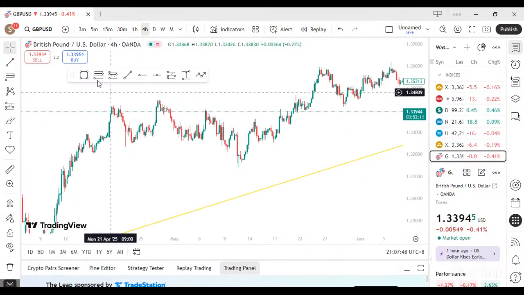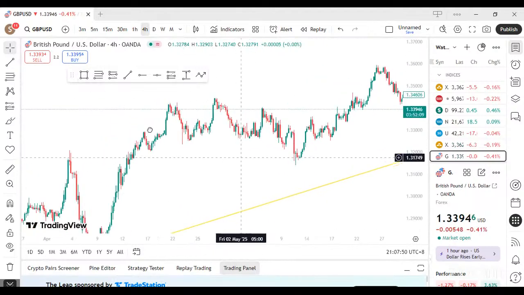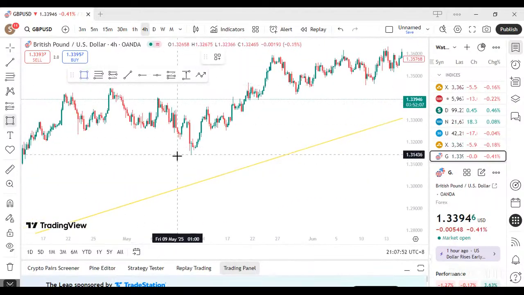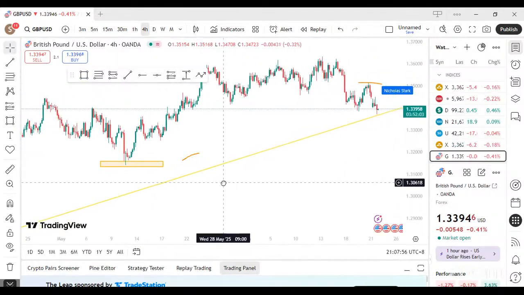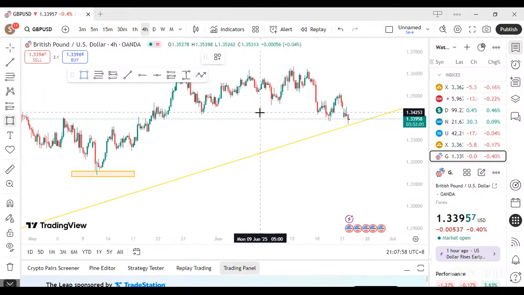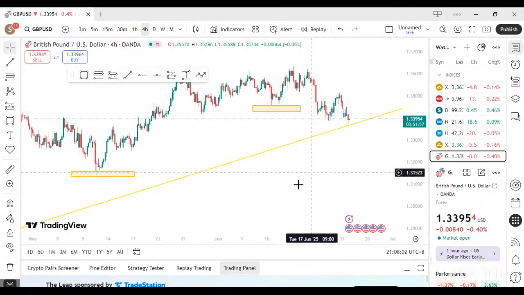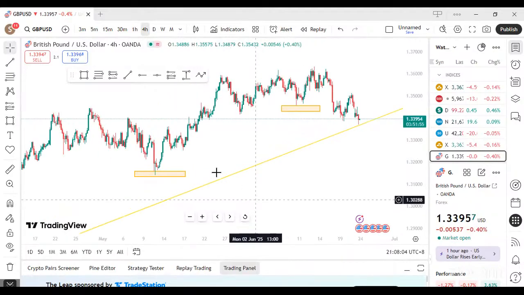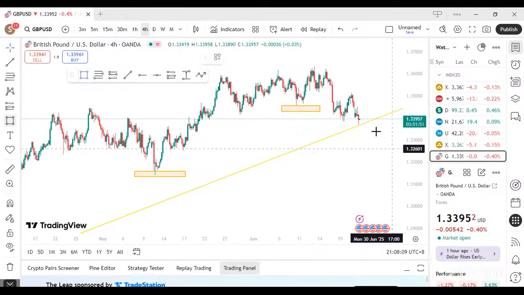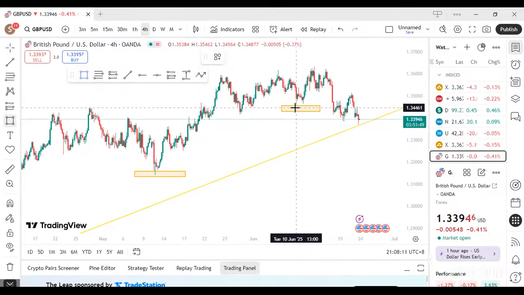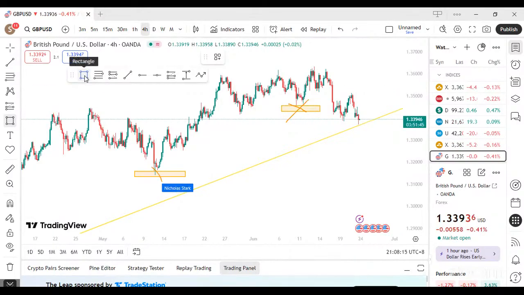This one and this one. So remember, as long as we are bullish, we should just print higher highs and higher lows, right? But this area kind of broke the previous. That's why your trend line has to be like this.